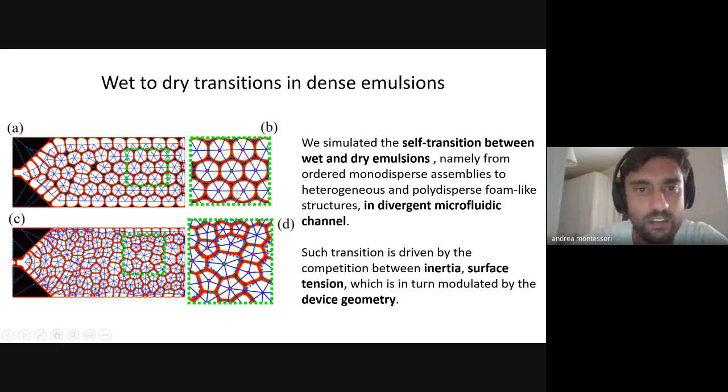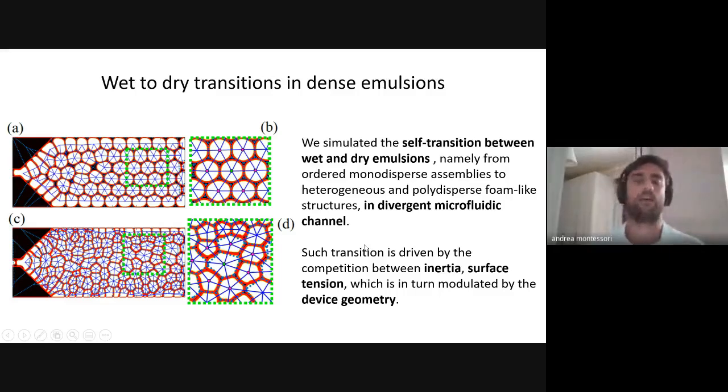As you can see here, you have a very regular hexagonal cluster, as denoted by the triangulation here, which is very regular. The transition occurs between this kind of structure and a heterogeneous, polydispersed foam-like structure, like those which can be encountered in the so-called HIPE, or high internal phase emulsions, or foams, for example.